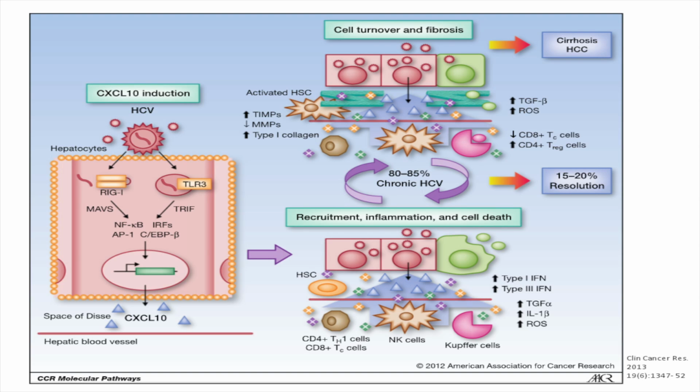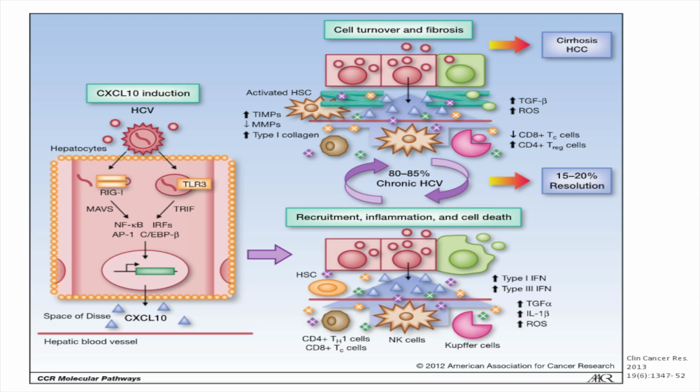These cells, upon receipt of other signals in this microenvironment, produce type 1 and type 3 interferons and other pro-inflammatory cytokines. And in about 15 to 20% of cases, this very potent response that's initiated by CXCL10 leads to resolution. But in the majority of patients, the virus infection persists, resulting in this continuing cycle of inflammation and recruitment.